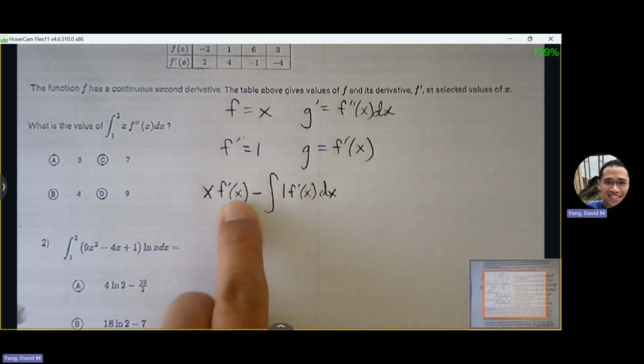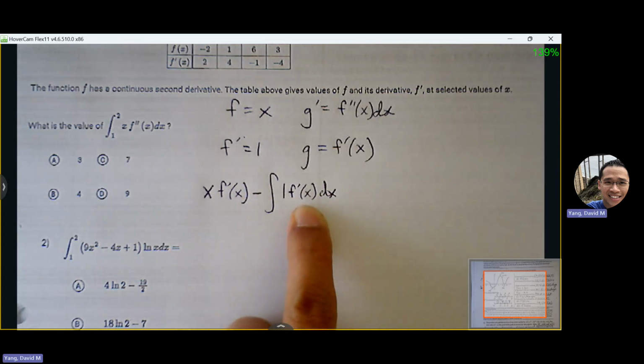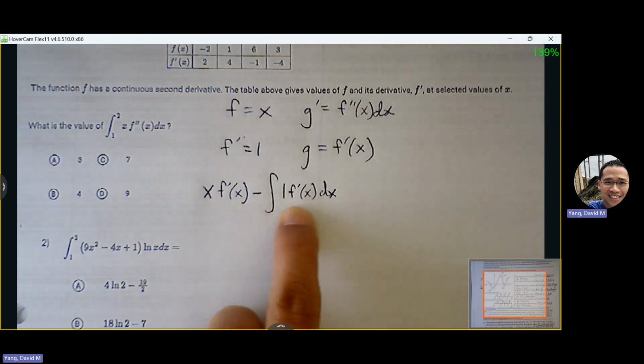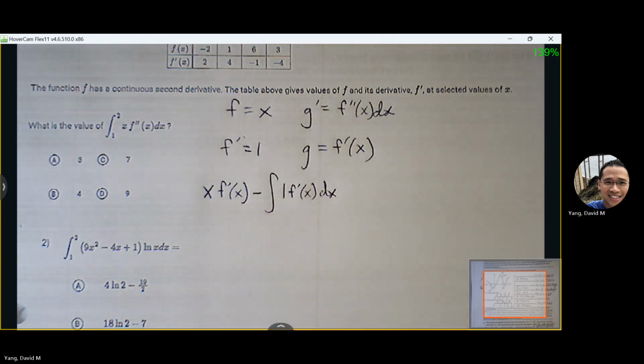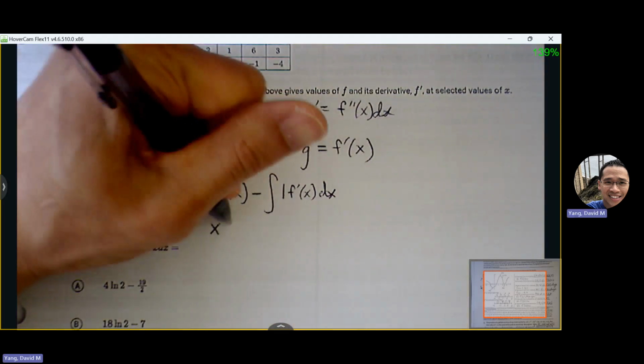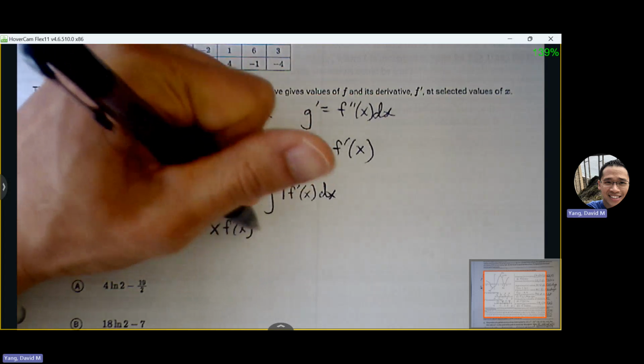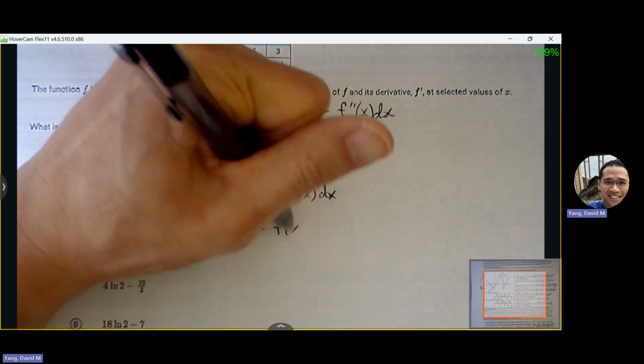So x f prime is done. We just have to worry about the integral of f prime. What's the integral of f prime? Just f, yeah. So we're left with x f prime minus f of x.